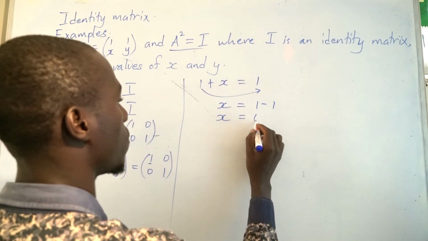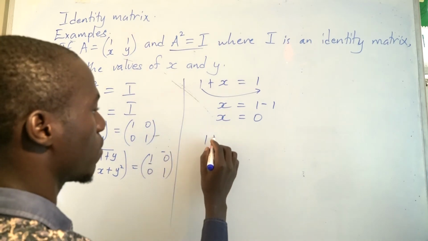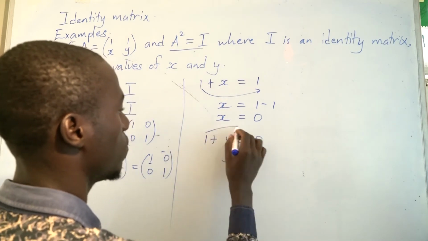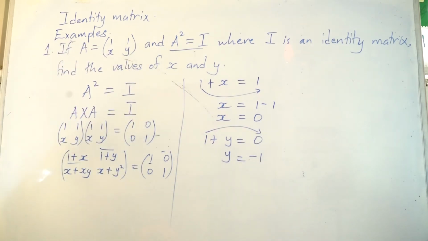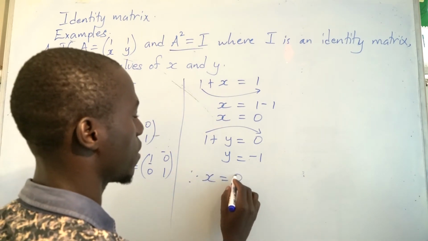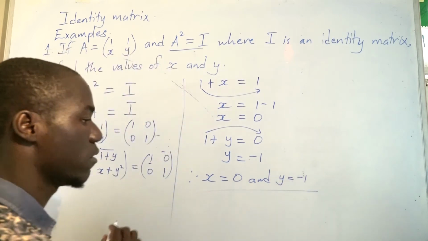I get the x value as 0. Then this is equivalent to that: 1 plus y is equivalent to 0. y becomes 0 minus 1, which is negative 1. Therefore, the x value is 0 and the y is negative 1.